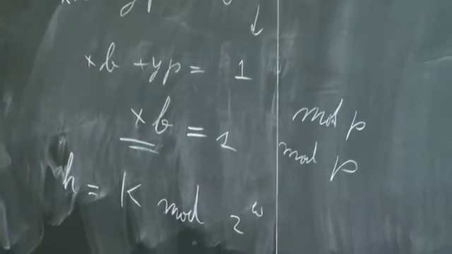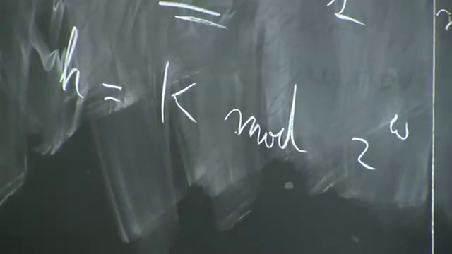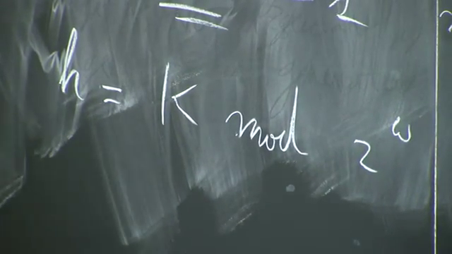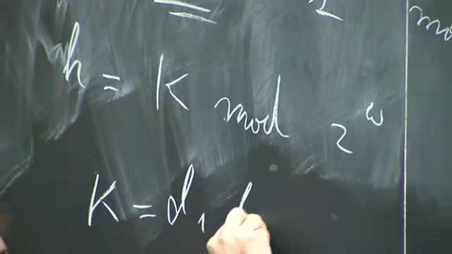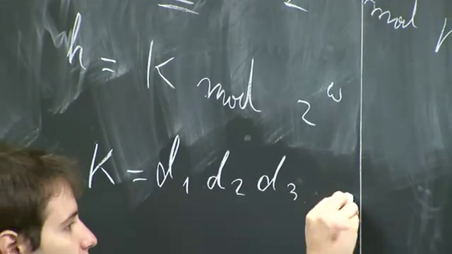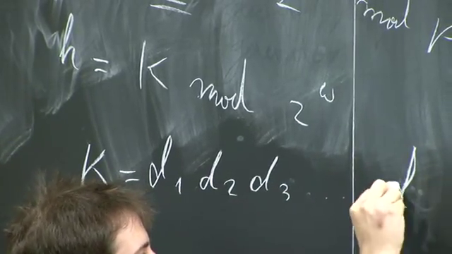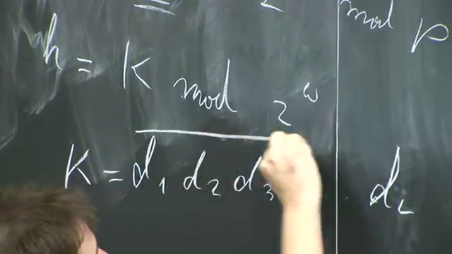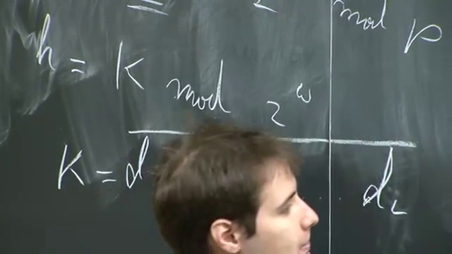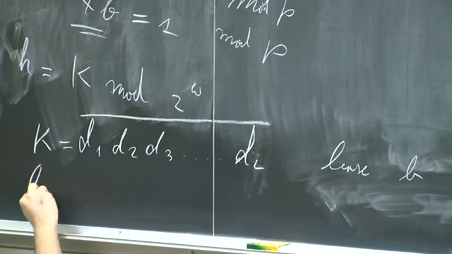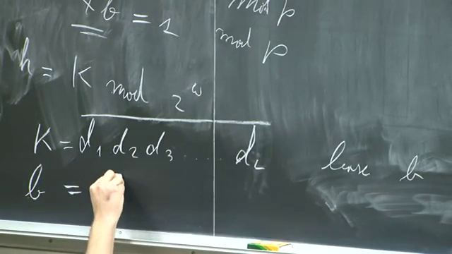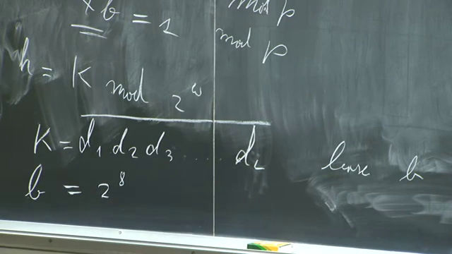And remember that the key is some digits in base b. It's a big number made out of digits in base b. So k is d1, d2, d3, all the way up until d length in base b. And I'll make things easier and say that b is 2 to the 8 because we're working with ASCII characters or colors or something that fits nicely in a bit.